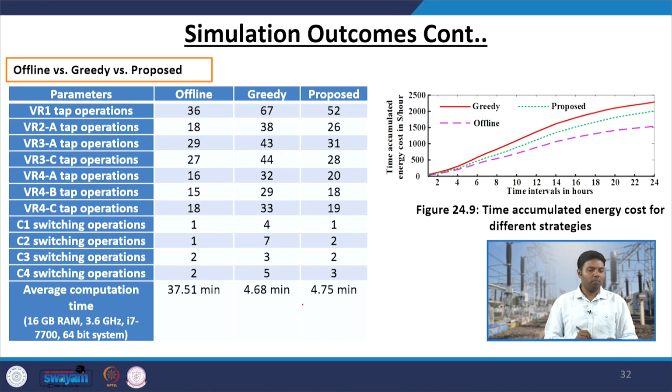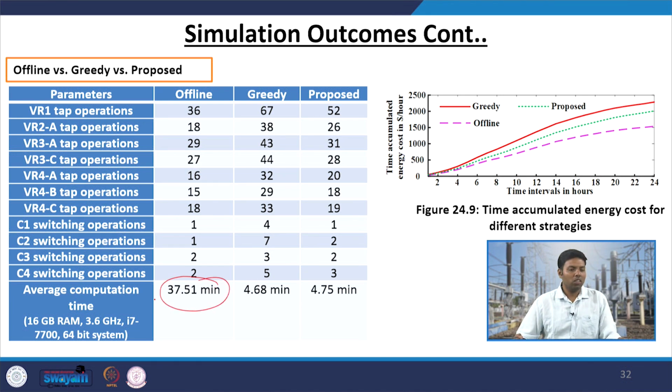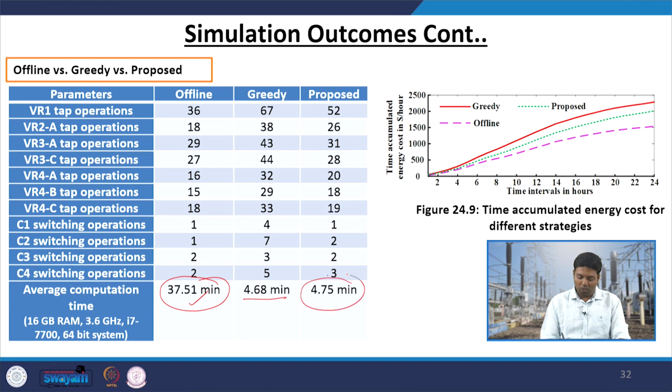The solution time. The offline solution time is almost 40 minutes, that means each time step takes almost 40 minutes, but for greedy it is around 5 minutes, and that solution time we got even for our method, the new time decoupled method.